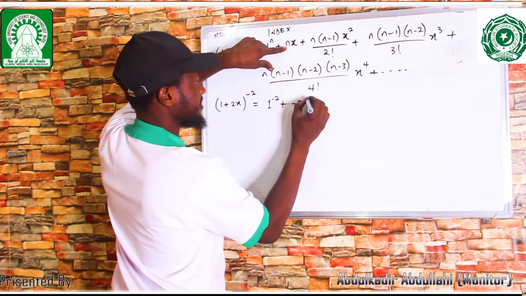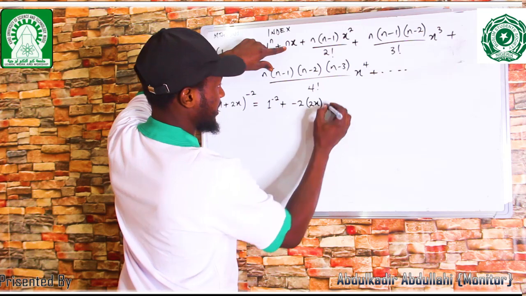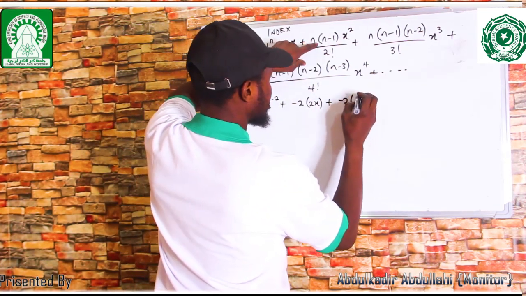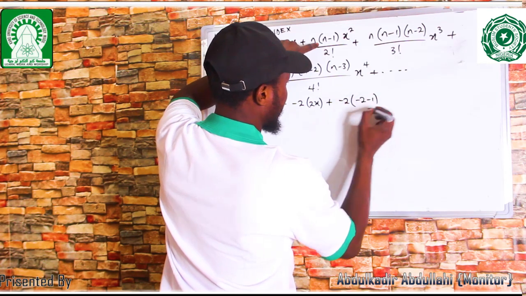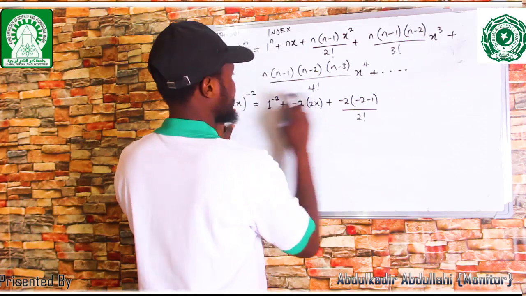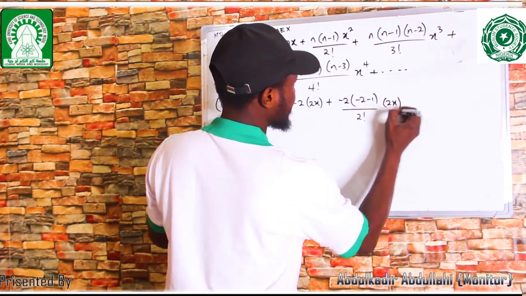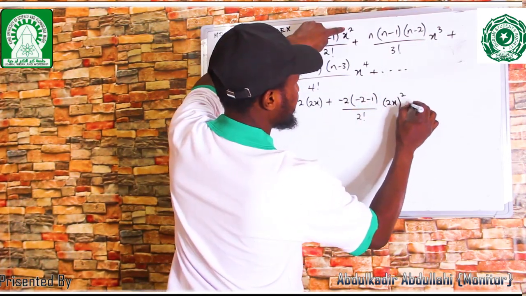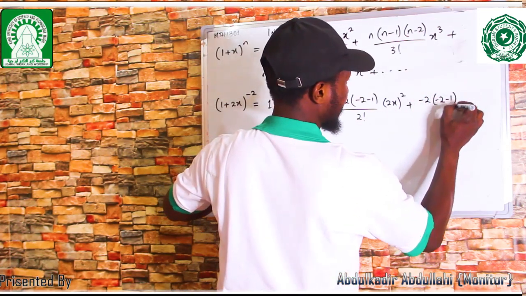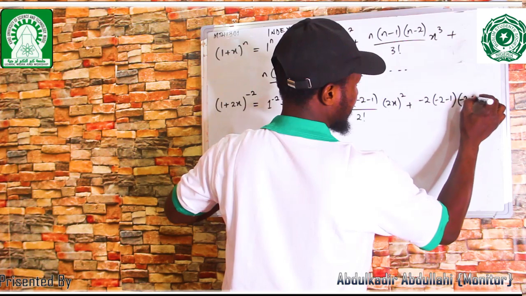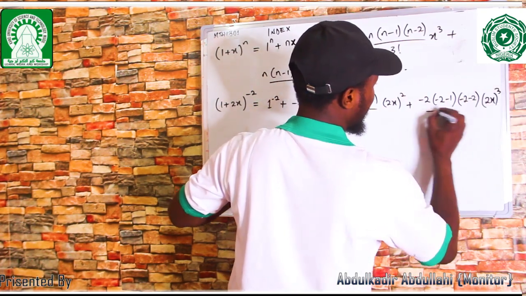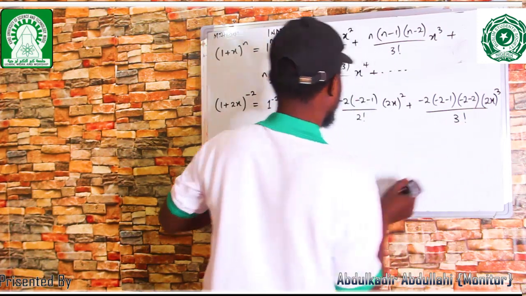Then x, our x is 2x, plus minus 2 into minus 2 minus 1 over 2 factorial, and our x is 2x altogether, that is 2x square, plus minus 2 into minus 2 minus 1, minus 2 minus 2, 2x power 3 over 3 factorial.